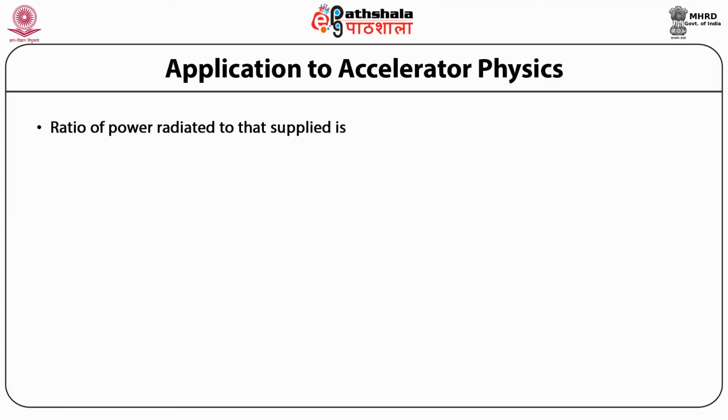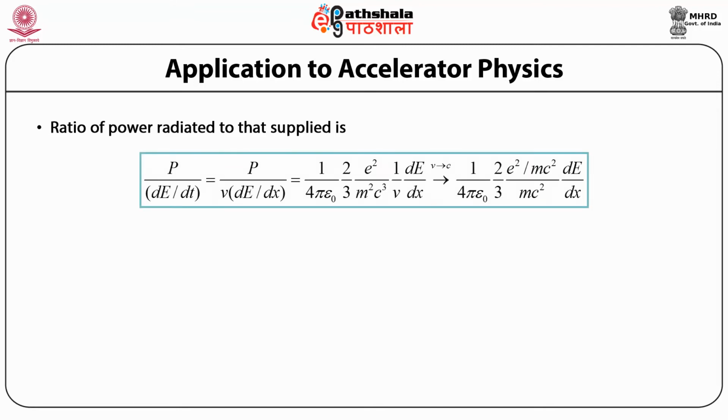The ratio of power radiated to power supplied by the source is given as P/(dE/dt) = P/(v dE/dx) = 1/(4 pi epsilon naught) 2/3 e^2/(m^2 c^3) (1/v)(dE/dx), which tends to 1/(4 pi epsilon naught) 2/3 (e^2/mc^2)(1/mc^2)(dE/dx), where the last form holds for relativistic energy, so that v tends to c.